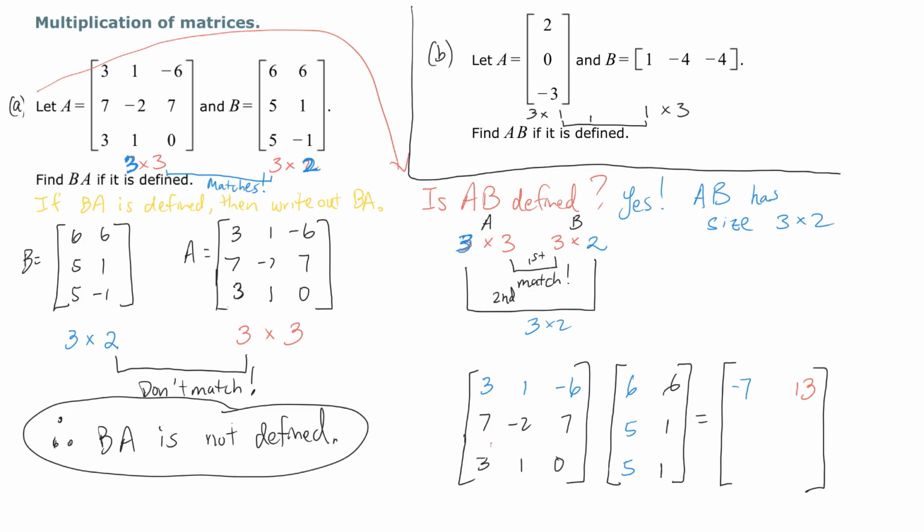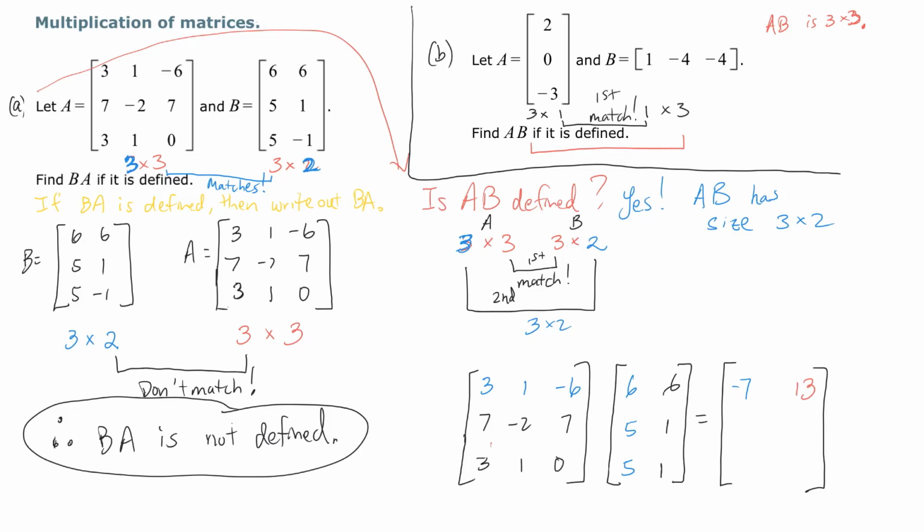This actually matches. Awesome. Okay, that was the first thing. And the second thing is, you know the size of A times B as well. AB is 3 by 3.